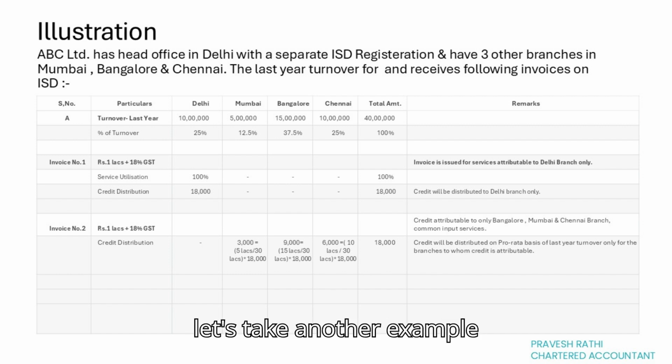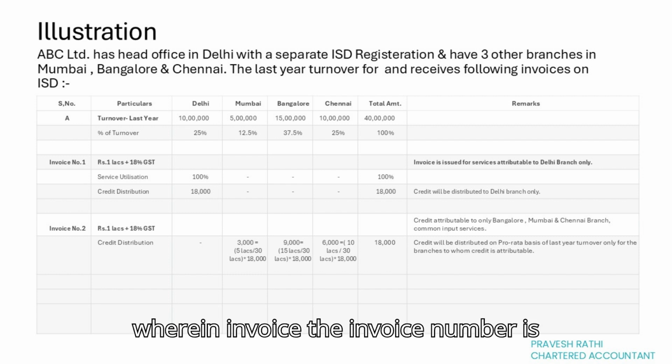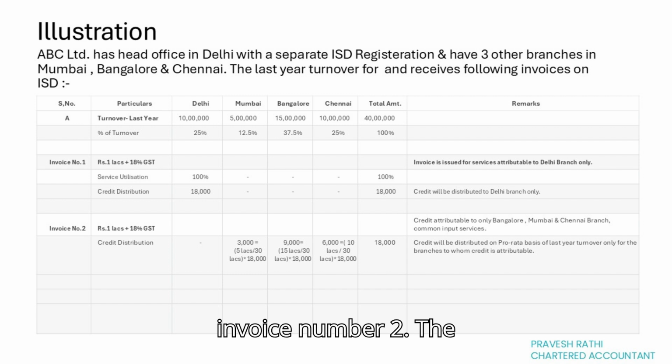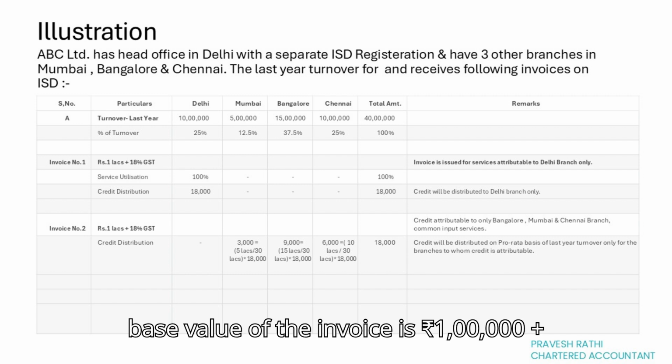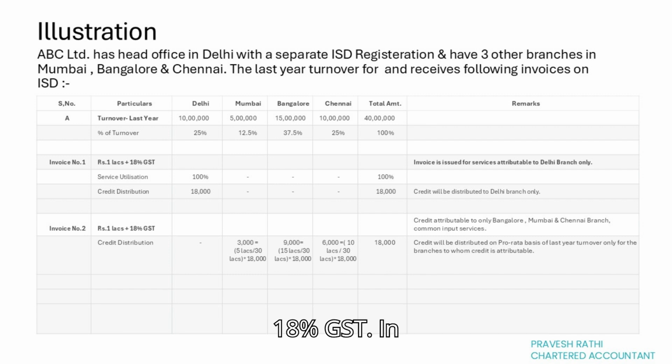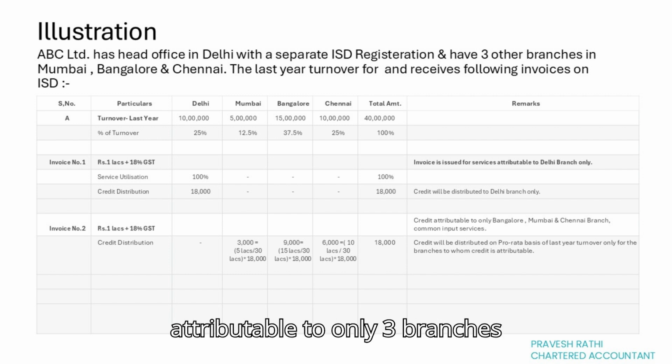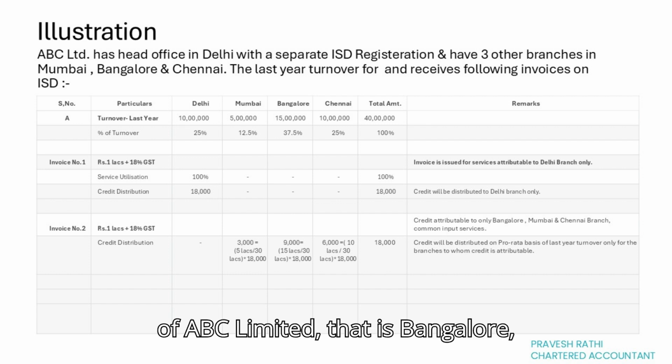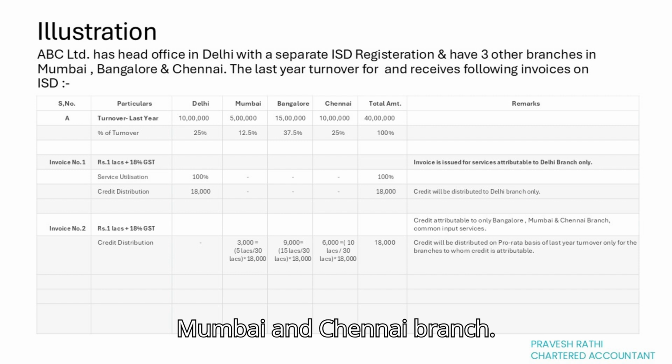Now let's take another example, invoice number 2. The base value of the invoice is 1 lakh rupees plus 18% GST. In this case, the credit is attributable to only 3 branches of ABC Limited, that is Bangalore, Mumbai and Chennai branch.